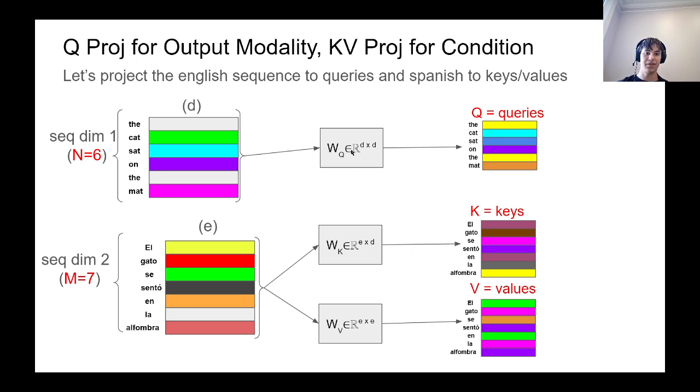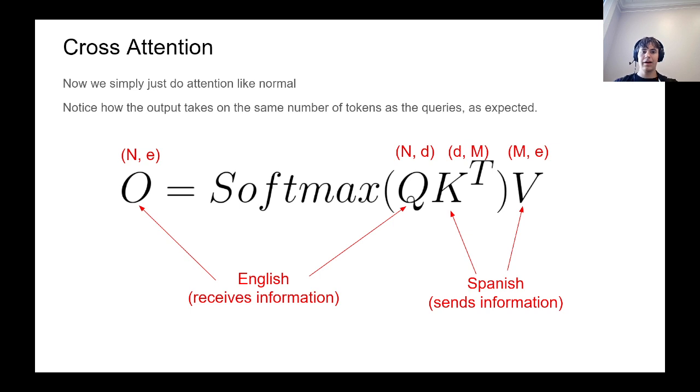This works with other modalities as well. So this is what we see. Remember, the output sequence dimension is dependent on the queries, and the keys and the values are just going to make up those linear combinations that we have. That is why, again, we have our keys and our values from our Spanish sequence and our queries and outputs from our English sequence.